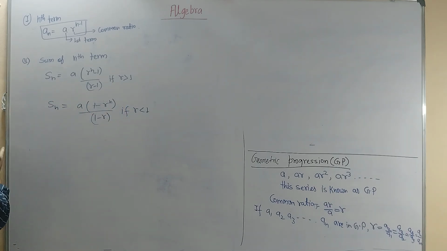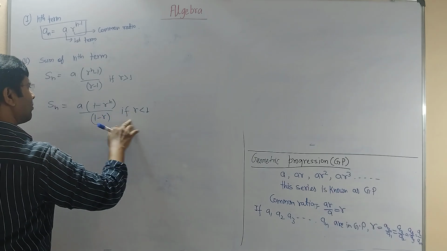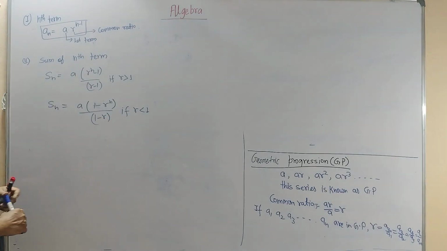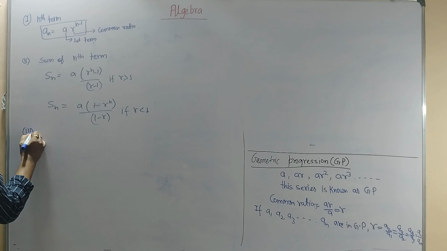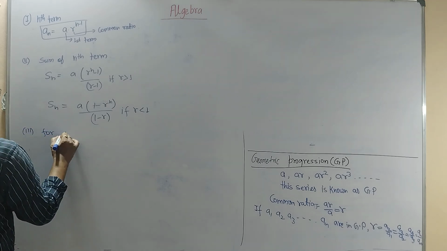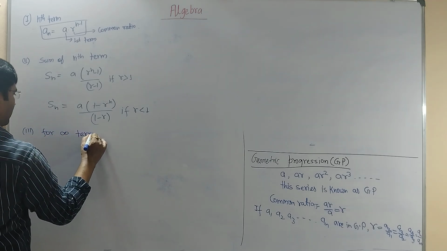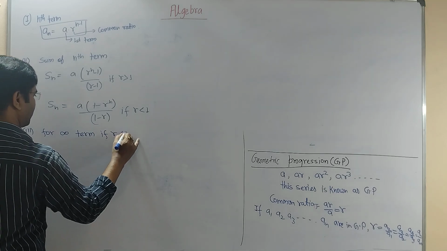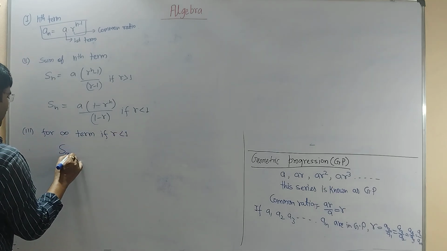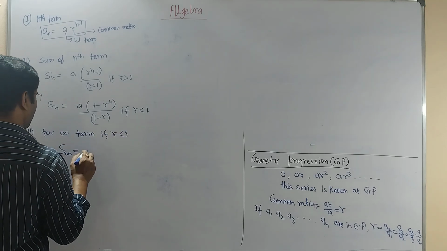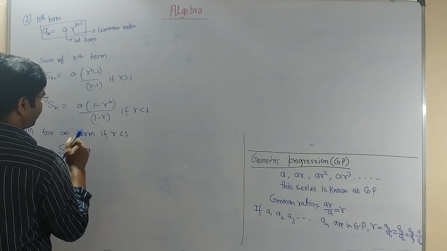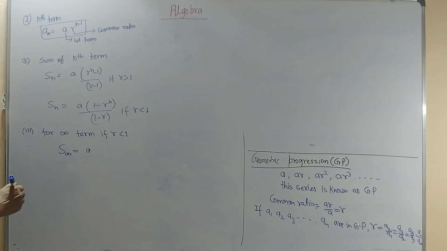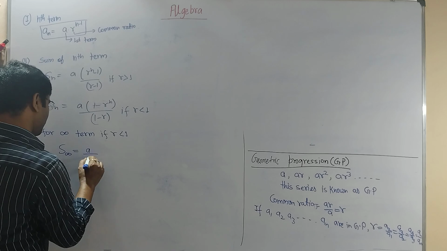And the third one: let's say r is less than 1, but the number of terms in the series goes up to infinity. Then the sum of infinite terms we can write as a upon 1 minus r.